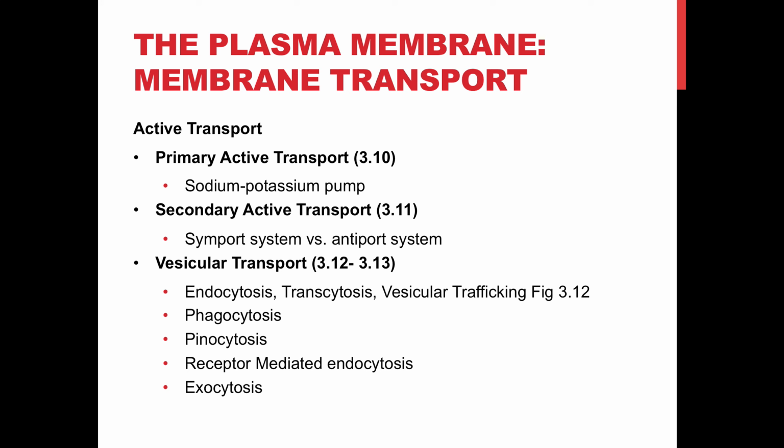Ion gradients can also drive antiport systems, such as those that help regulate intracellular pH by using the sodium gradient to expel hydrogen ions. An antiport system is when, let's look at this example. As sodium comes in, is forced into the cell, that pump, after the sodium comes in, reverses and expels the hydrogen ion.